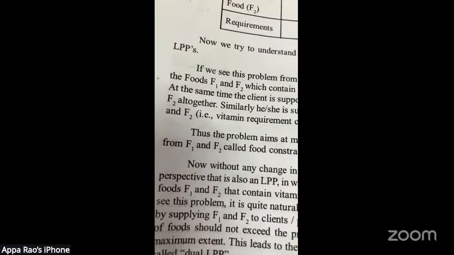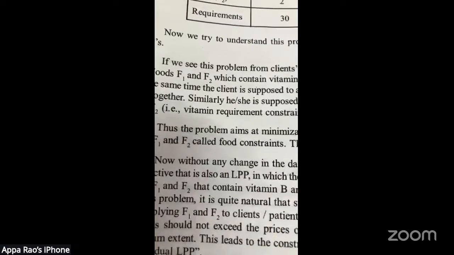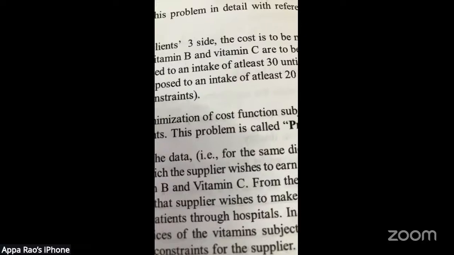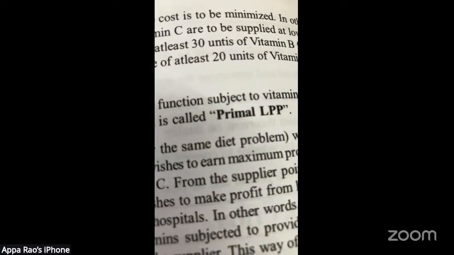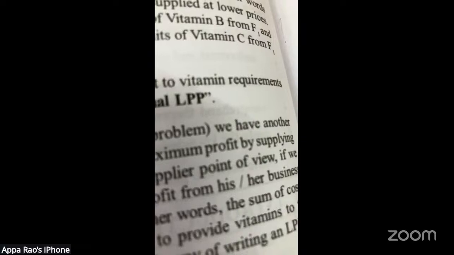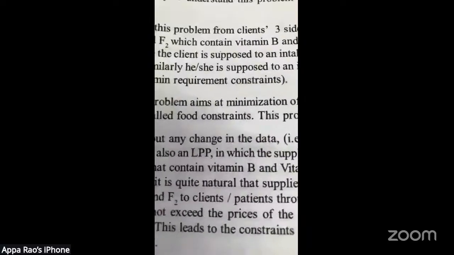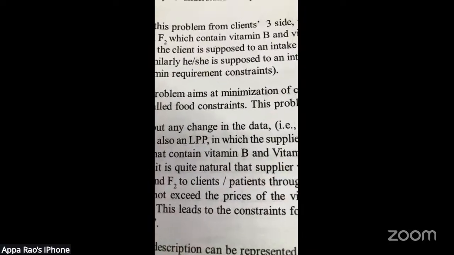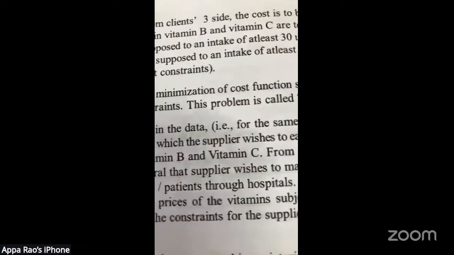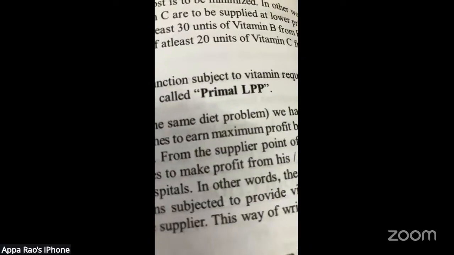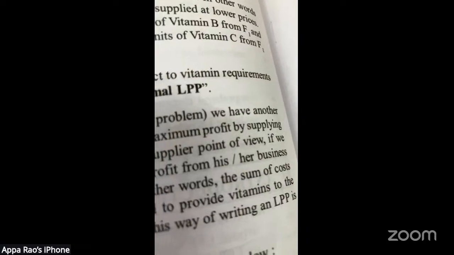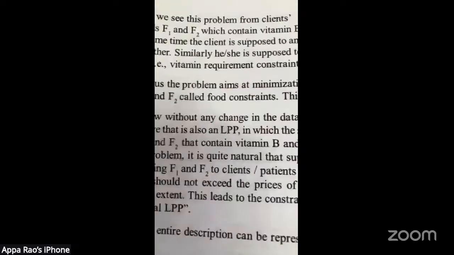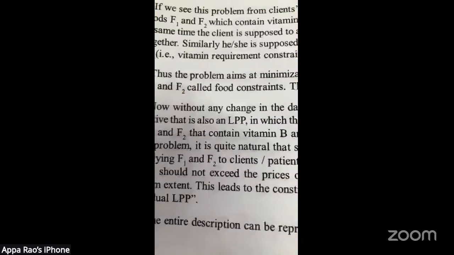At the same time, the client is supposed to have an intake of at least 30 units of vitamin B and at least 20 units of vitamin C from F1 and F2 altogether. These are the vitamin requirement constraints.